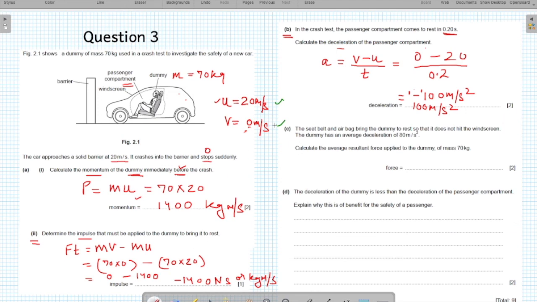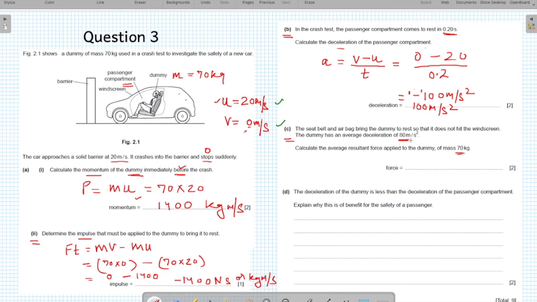Let us come to the next part, which is C. The seat belt and airbag bring the dummy to rest so that it does not hit the windscreen. The dummy has an average acceleration of 80 meters per second square. Calculate the average resultant force applied to the dummy of mass 70 kgs. This is easy. You're given the mass, you're given the acceleration.